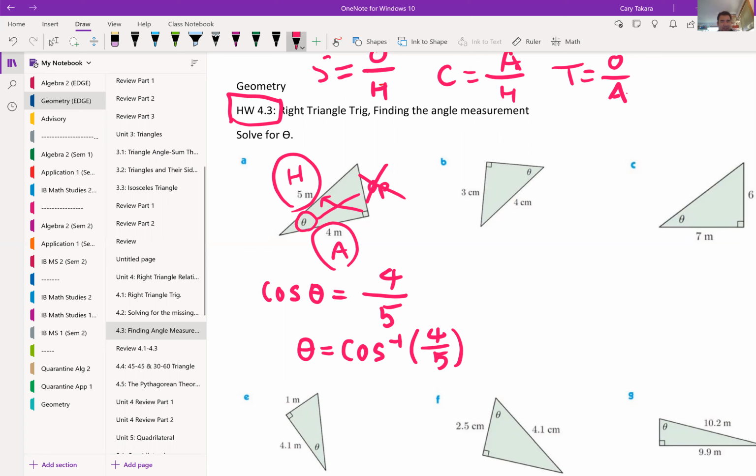Still get 0. I wonder. So the answer should be 36.8.